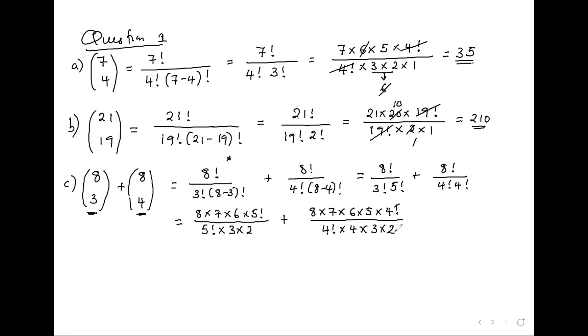So that this and this can go, this and this can go. Then 3 times 2 is 6, and this 6 will go. Here also 3 times 2 is 6, and this 6 will go. 4 here 1, 4 here 2. So that the first one is 8 times 7, that is 56, plus 2 times 5, that's 10 times 7, that's 70. Altogether we get 126.